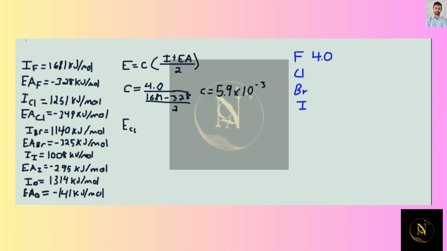E of Cl is equal to 5.9 times 10 to the negative third times 1251 plus 349 over 2.